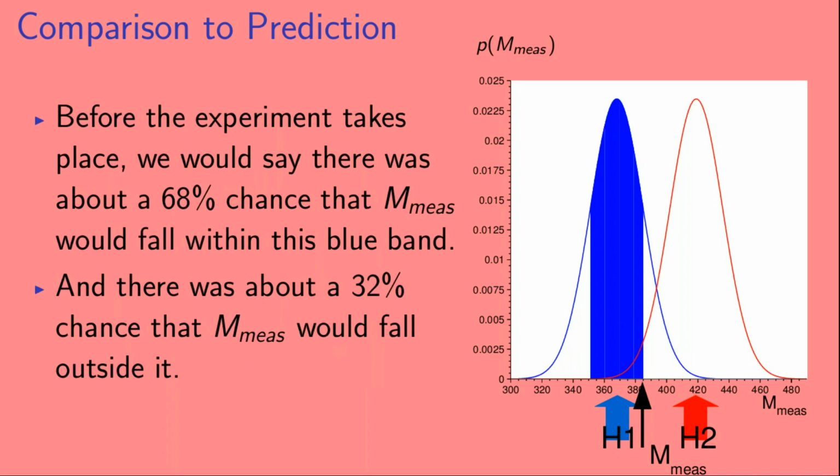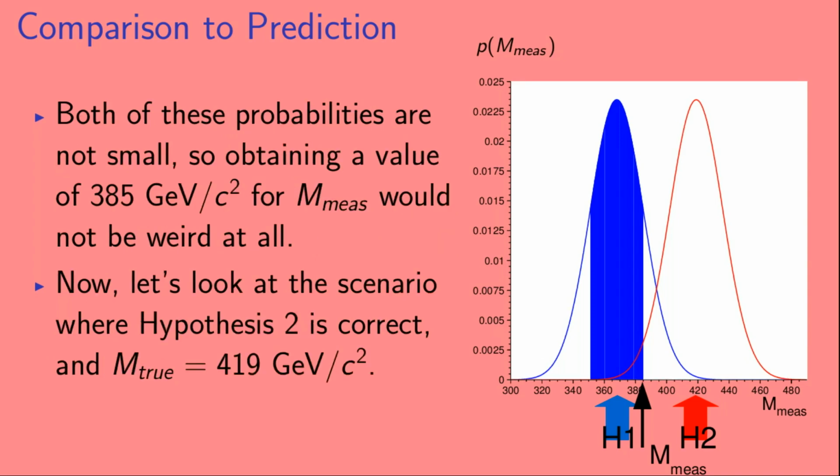Before the experiment takes place, we would say that there was about a 68% chance that m measured would fall within the blue band. And there was about a 32% chance that m measured would fall outside the blue band. Both of these probabilities are not small, so obtaining a value of 385 GeV/c² for m measured would not be weird at all.